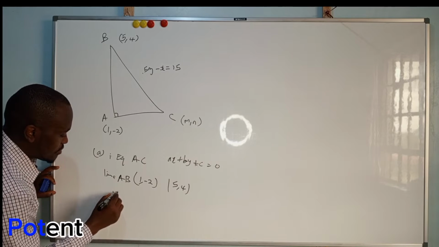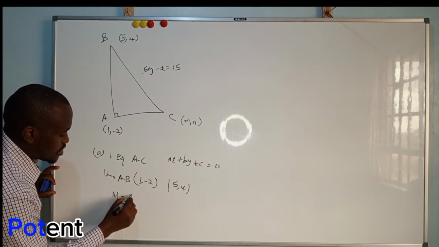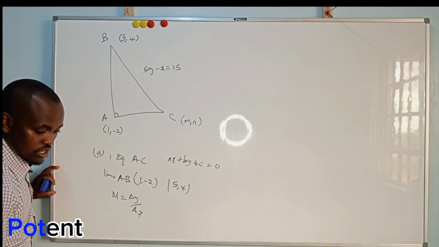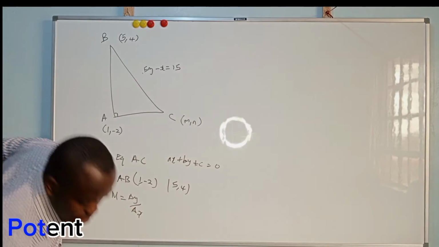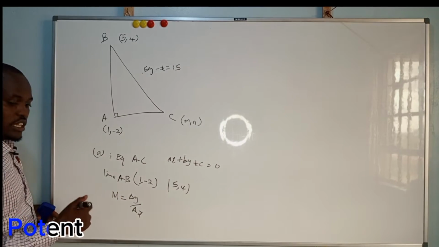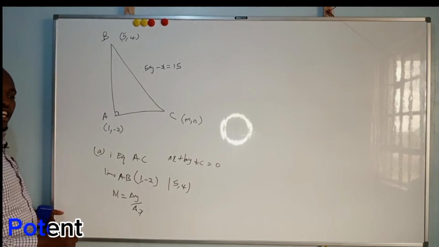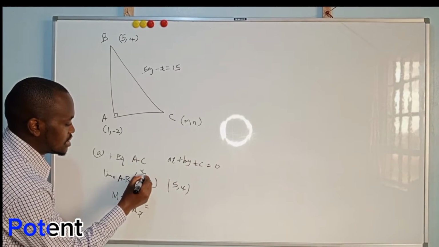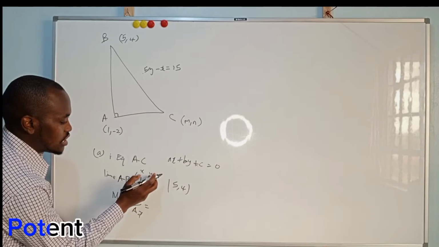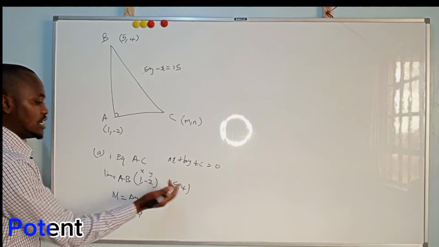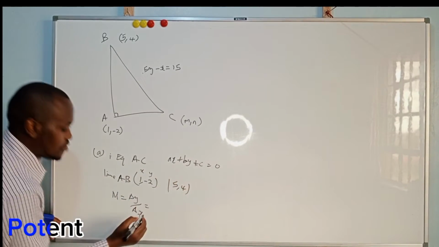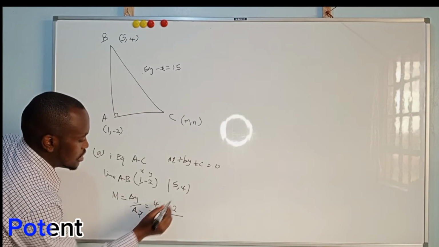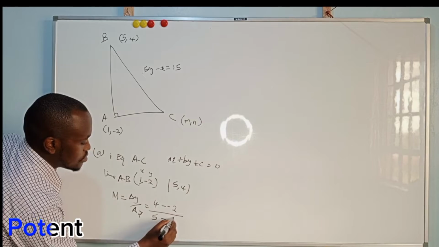Now the gradient is equal to change in y over change in x. Remember this is x and this is y, so you take this minus this. You can start with either. If you start with 4, you have 4 minus minus 2 over 5 minus 1.